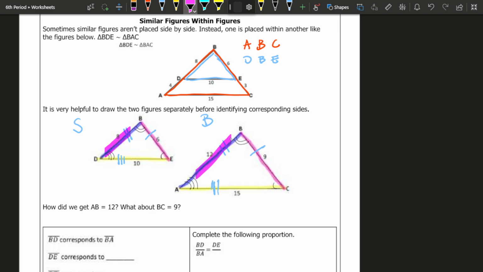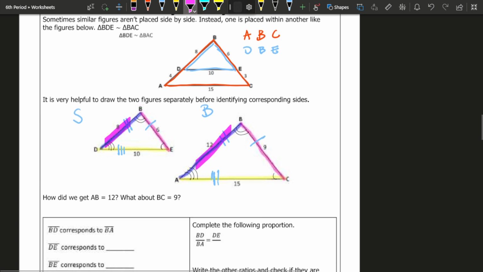They're saying that BD corresponds to BA. Is that true? Yes, sir. They both have 2 tick marks, so yes, that makes sense. All right? So now DE has to correspond to AC.